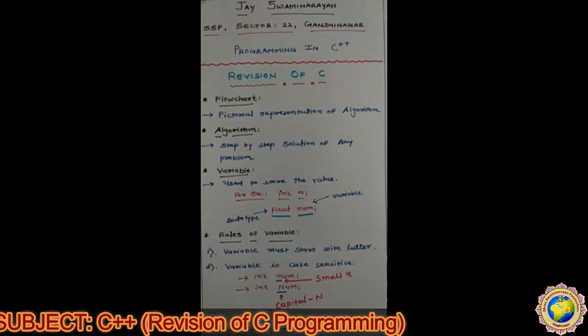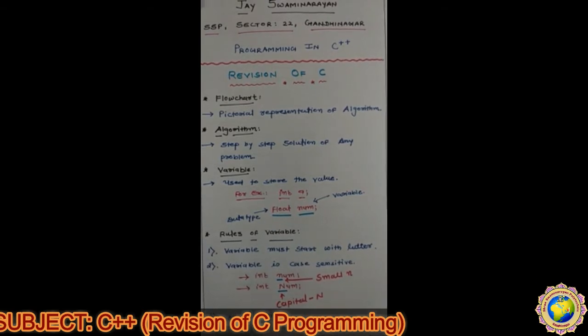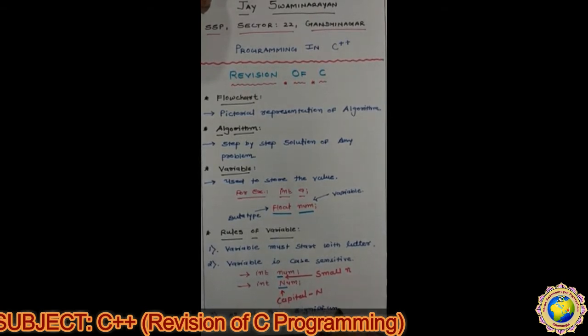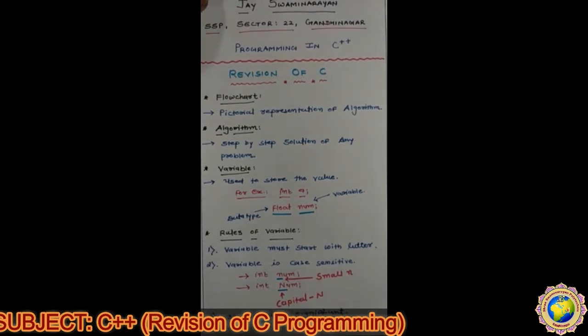The third rule is that in a variable only 32 bits are significant.